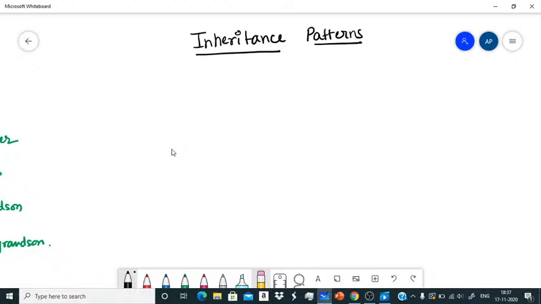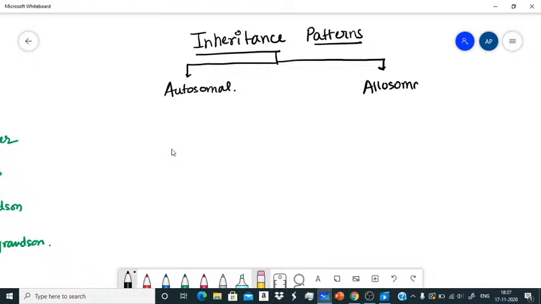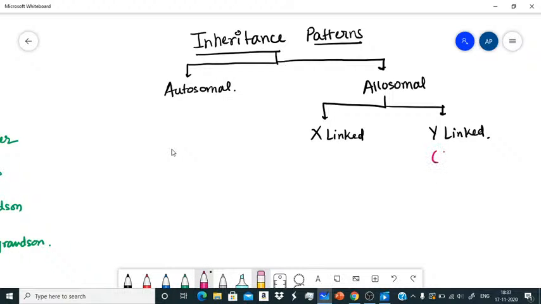Inheritance can be of two types: autosomal inheritance, that means inheritance of the genes present on the autosomes, and allosomal inheritance, that means genes present on the allosomes, that is X and Y. Now allosomal inheritance again can be of two types: X-linked inheritance, that is the inheritance of genes present on X, and the inheritance of Y-linked genes. The inheritance of Y-linked genes is also known as holandric, that we discussed just now.